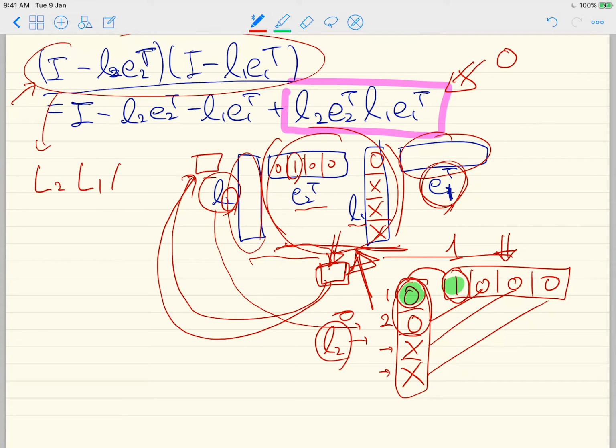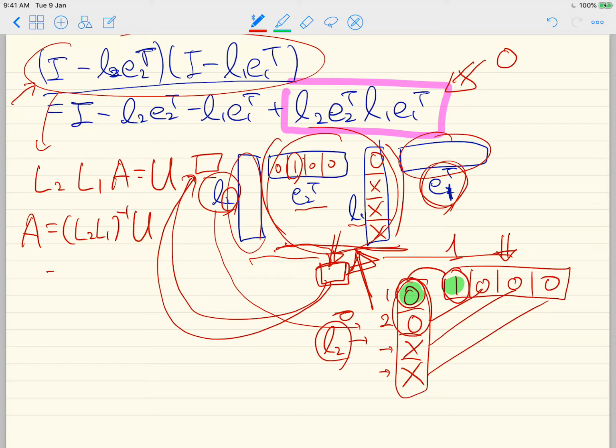When making this L2 and L1 times A as our matrix U, we obtain this LU factorization in this manner, right?